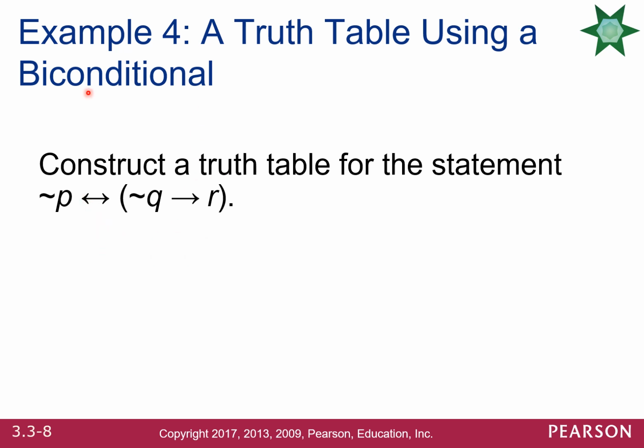Here we see there's a not P, negation, and then we have the biconditional symbol followed by, within brackets, not Q, then the conditional symbol followed by R. Correct? So in words, this would read as: not P if and only if, if not Q, then R. Correct? So we are going to construct a truth table for it in the next slide, and we'll go through it again step by step.